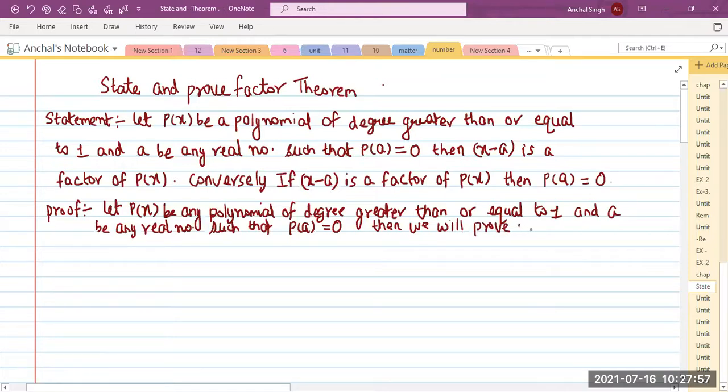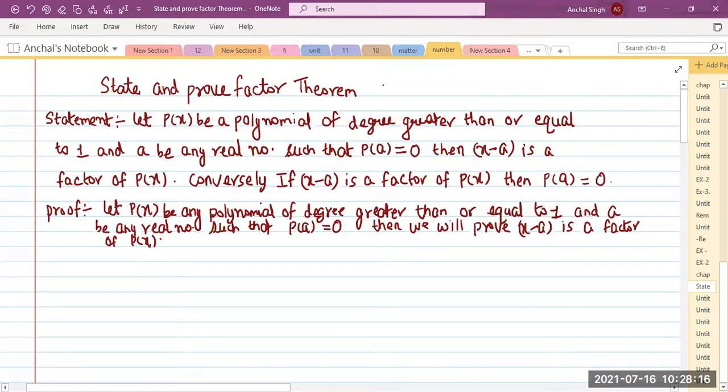Then we will prove x minus a is a factor of px. ठीक है, so over here in the first statement, what is given?